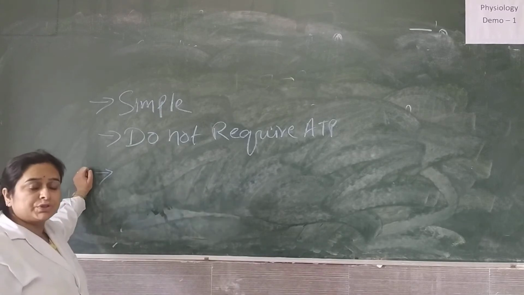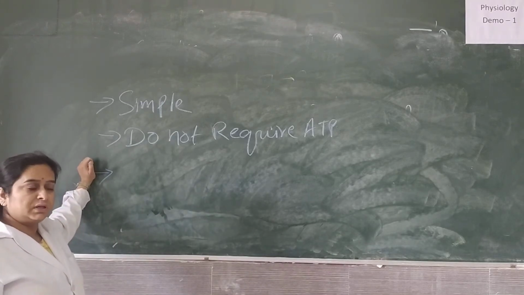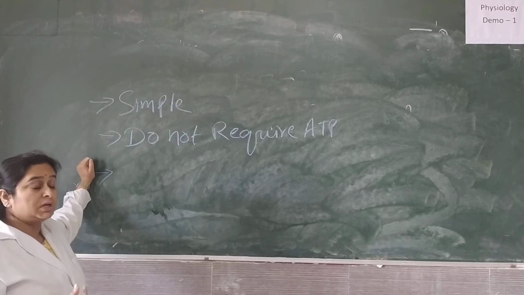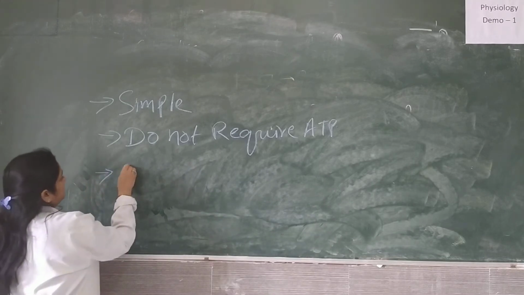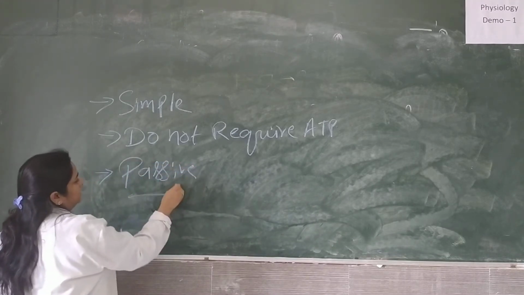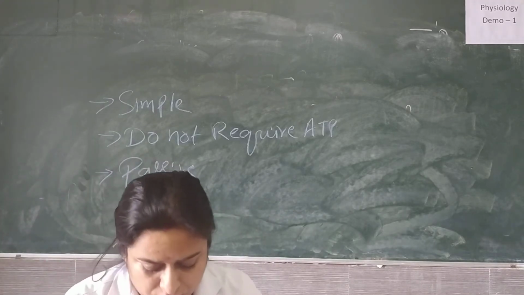Now, diffusion of a molecule depends upon the charge of the molecule, lipid solubility of the molecule, and size of the molecule. So simple diffusion is simple, does not require energy, and it is a passive process.